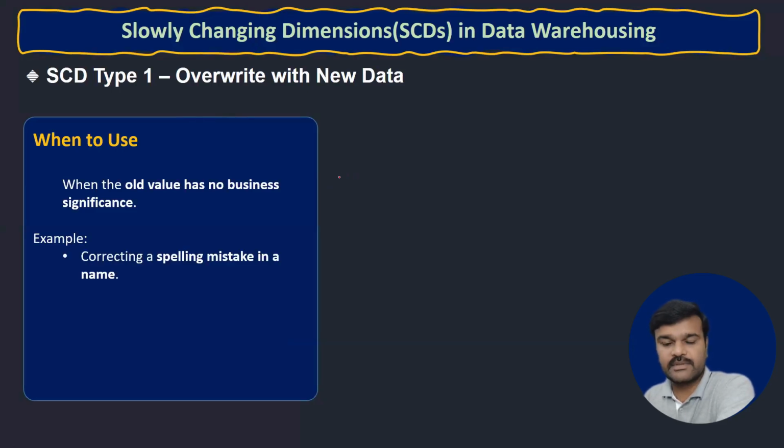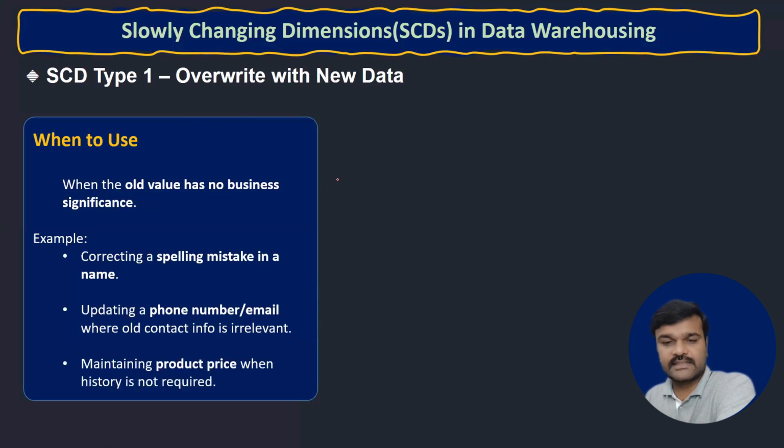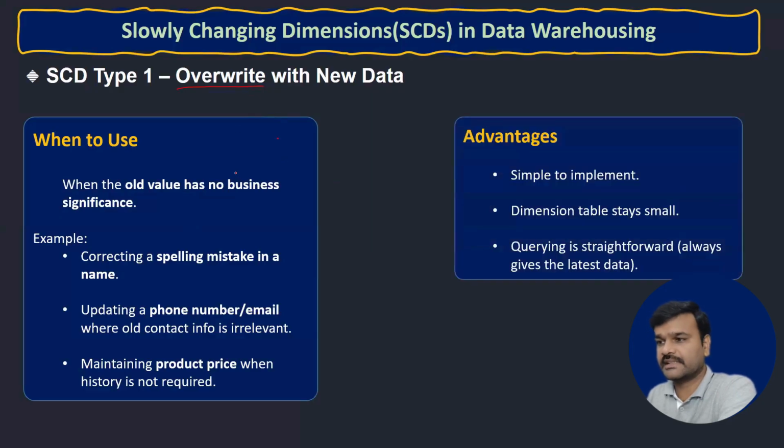Like spelling mistakes, phone numbers, emails. You always need the current values, and always the current product price. So it is simply overwriting. Wherever you don't need the previous values, you can go for this.